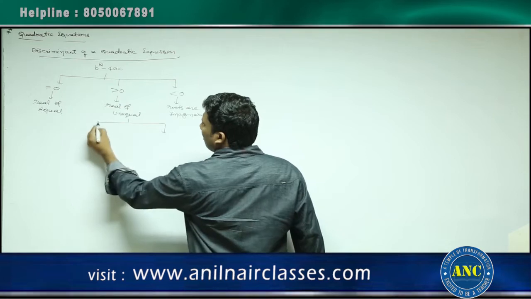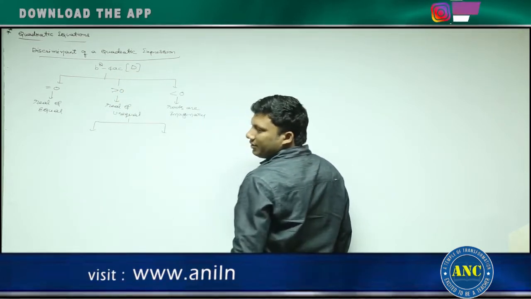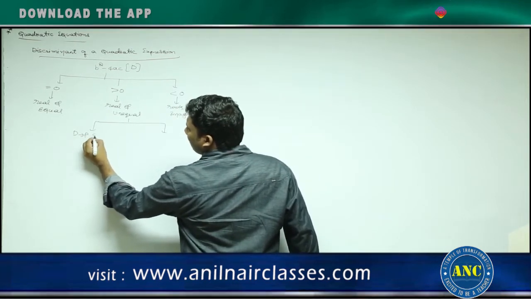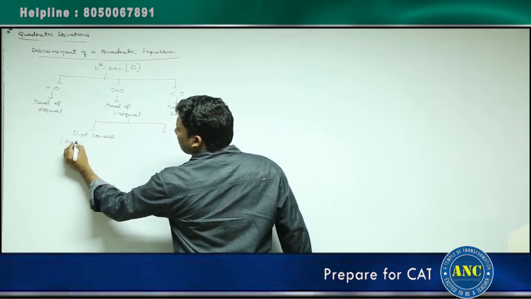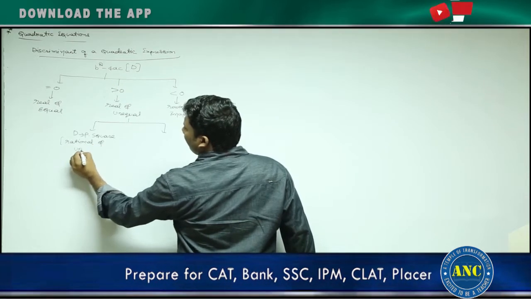Again, two values are there. B square minus 4ac is the discriminant, so I call it D. If this D value is a perfect square and greater than 0, the roots will be rational and unequal.